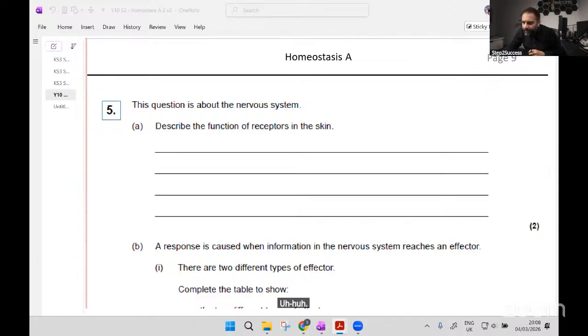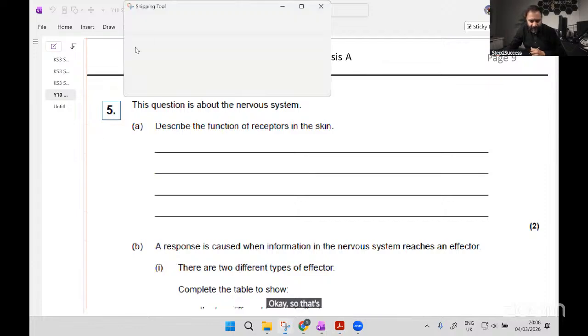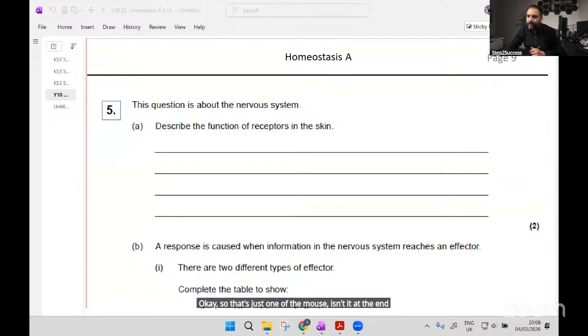Aha, right, I've got it. Sorry, it's a different booklet. 7B. Okay. So that's just one of the mouse, isn't it, at the end? I've got the wrong one open.